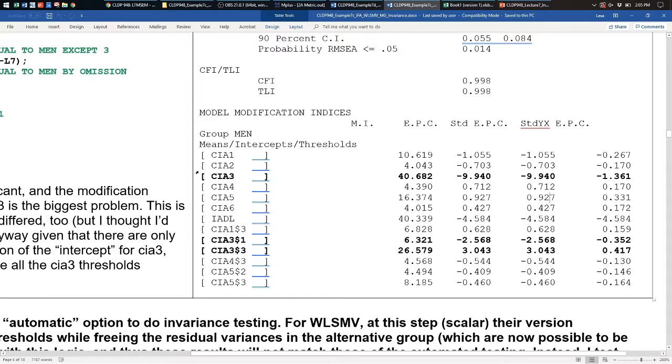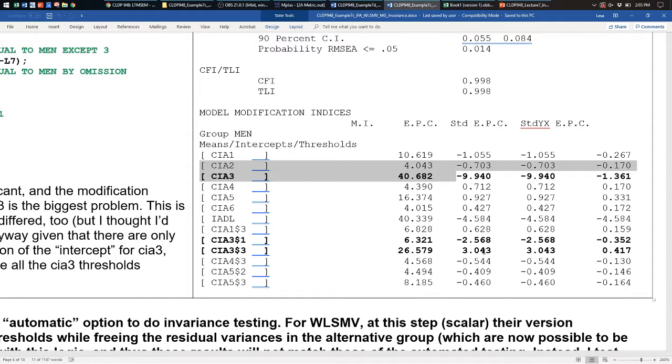No, that's not very effective. Stop it! There. It also does that. What is it talking about? A thing in a bracket without a dollar sign. What's that? An intercept or a mean, right?